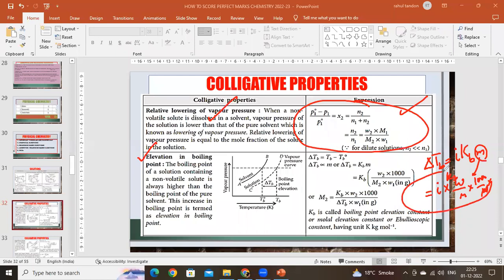So this is one formula on the basis of which numericals can be asked. And then of course this is a very simple graph between vapor pressure and temperature.